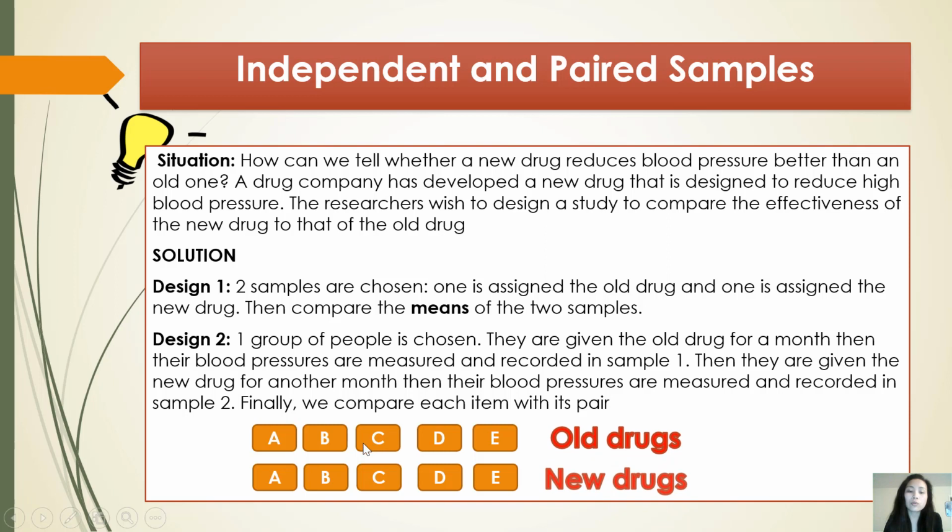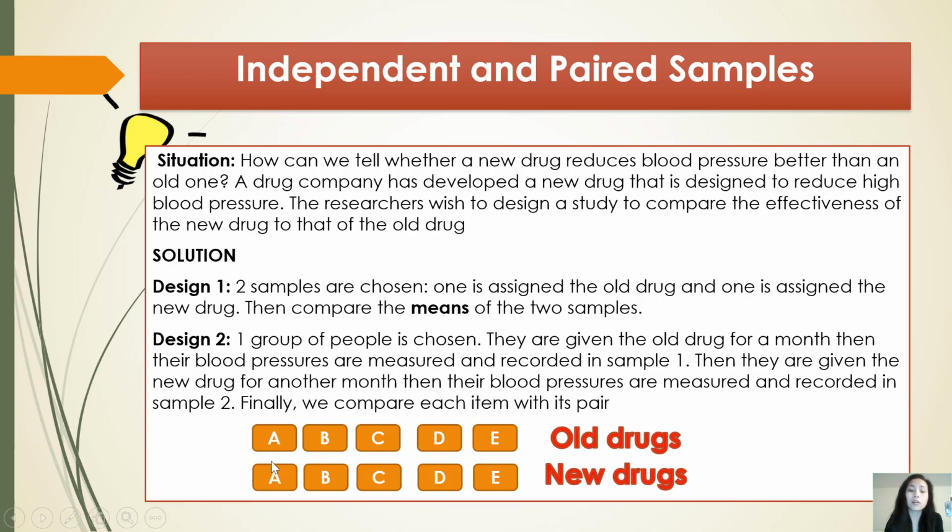So when we compare the old drug and the new drug, we are basically comparing individual with individual. So we have to compare A with A, B with B, C with C, D with D, and E with E. We're not going to compare the blood pressure of person A on the old drug with person B on the new drug.